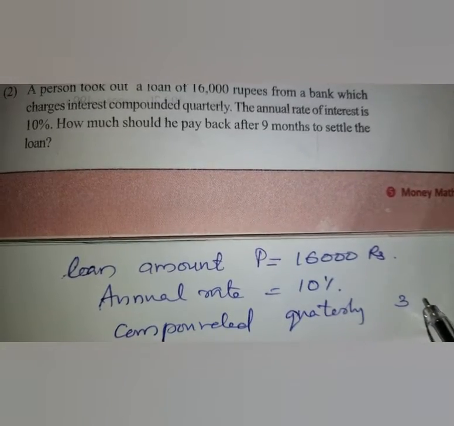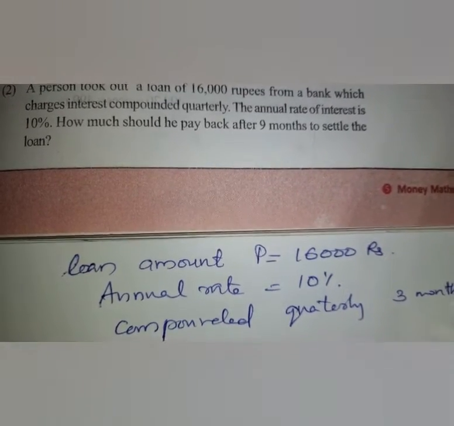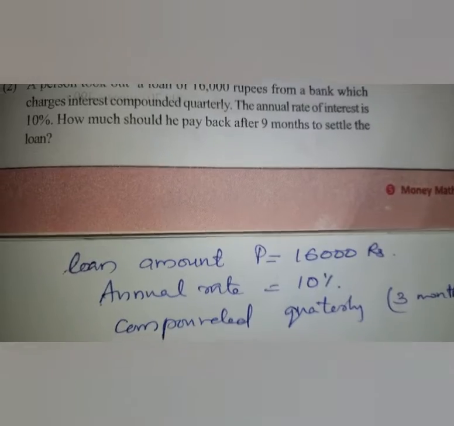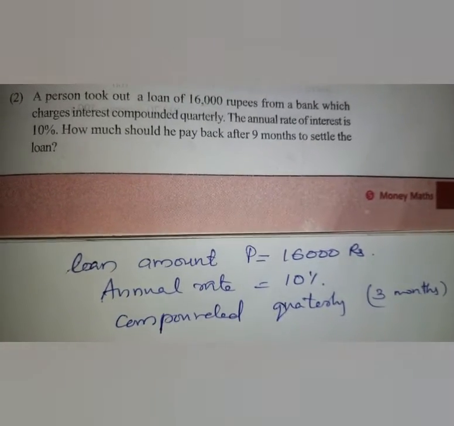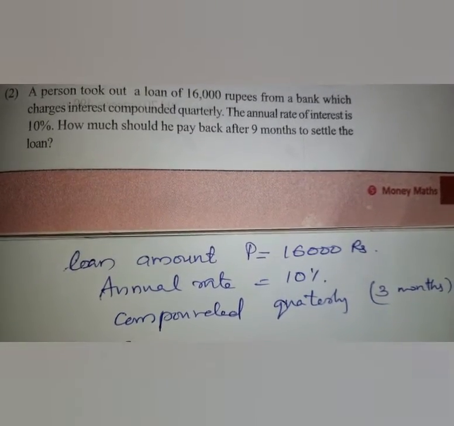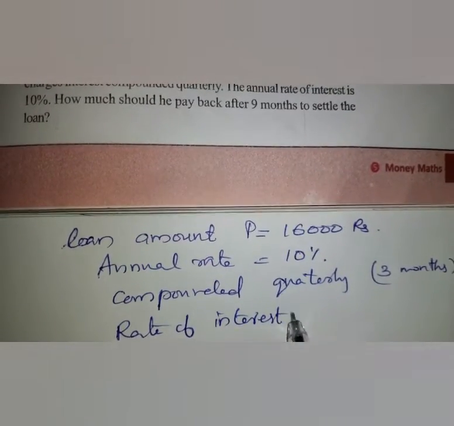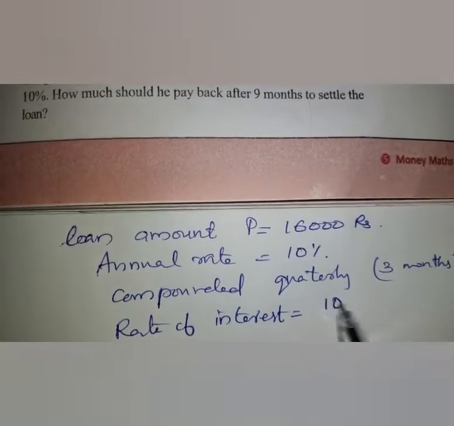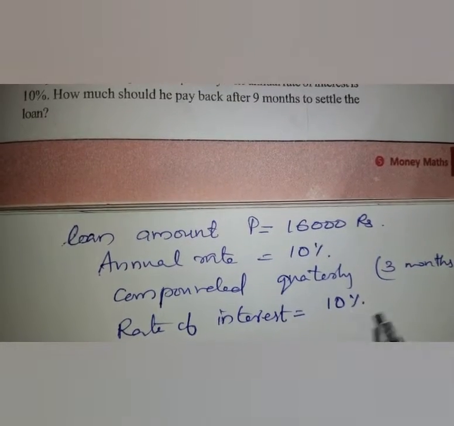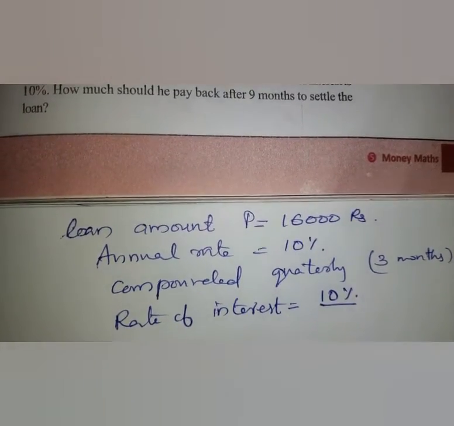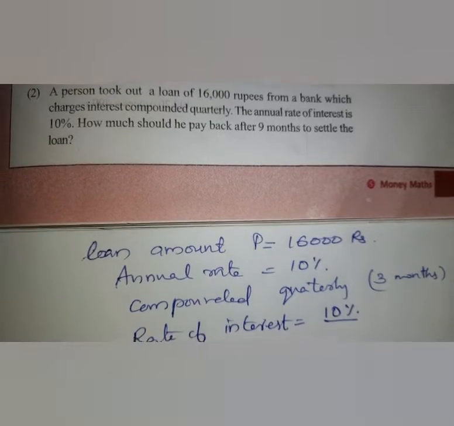Quarterly means every 3 months it is calculating. The annual rate of interest is 10%, but it is compounded quarterly.